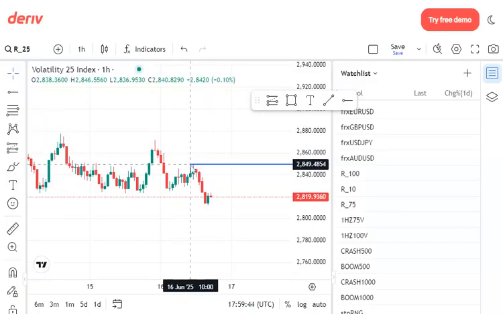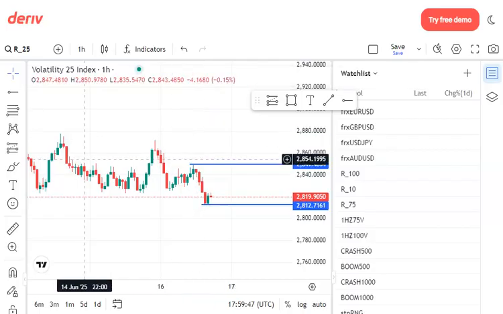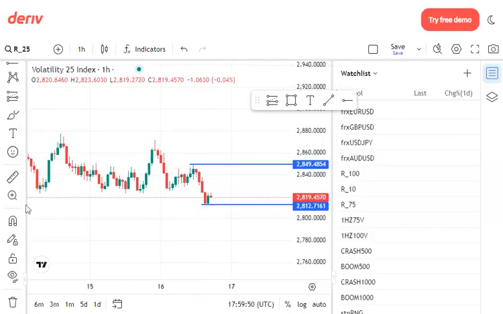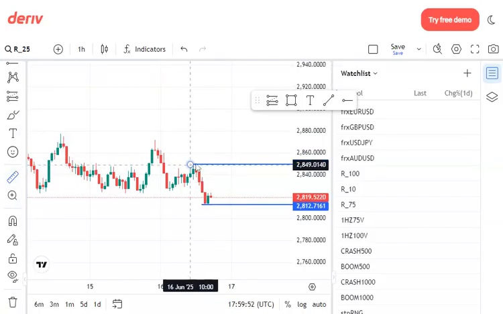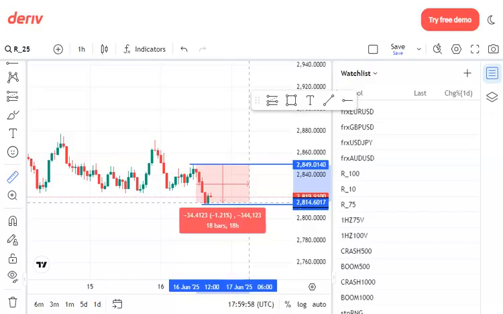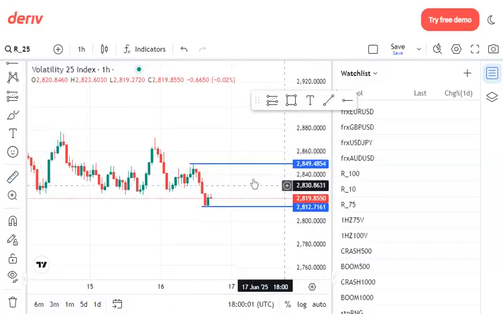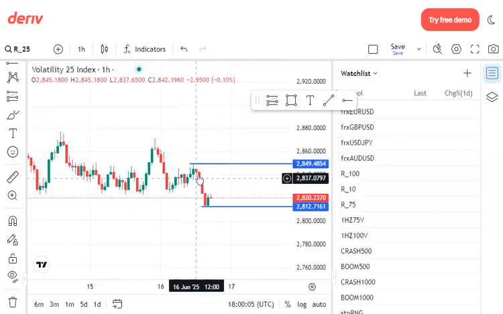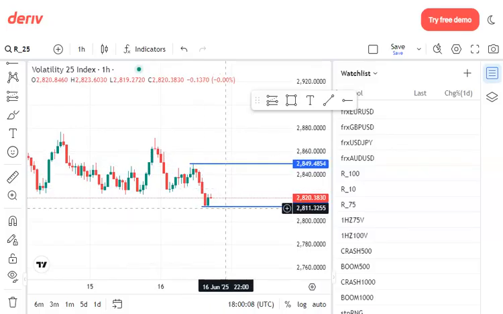For instance, this is where the price is coming from, and this is where the price is. And so pips is basically the difference between where price is and where price is headed to next.